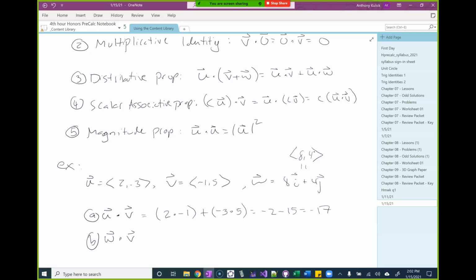No big deal there. So once we've done that, then 8 times -1 plus 4 times 5 is -8 plus 20, or 12. What do you guys think? No big deal? Just a different operation. You just have to remember the formulas.